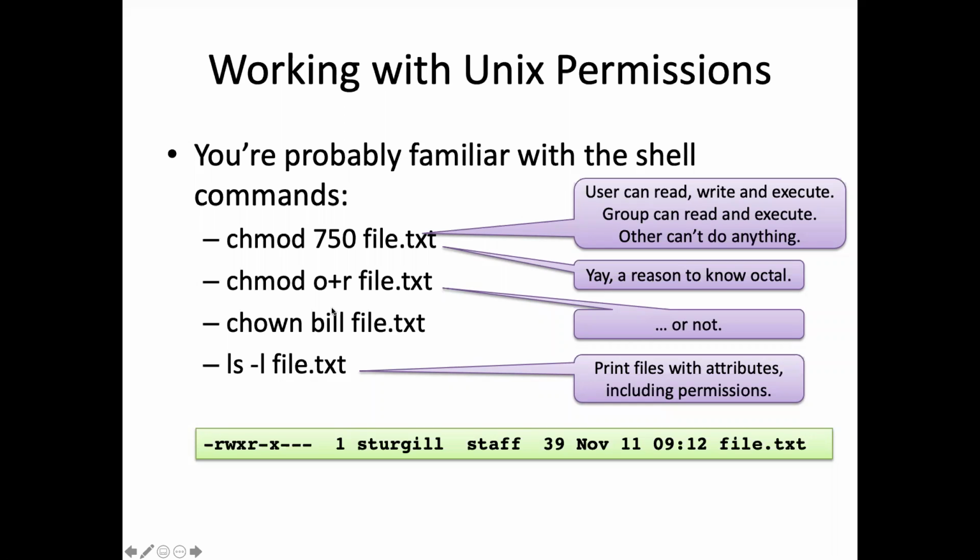So like I'm trying to show here in the middle, chmod o+r would mean give any other user access to read this object. So it has a more expressive syntax now.